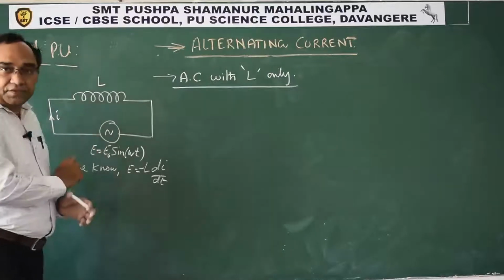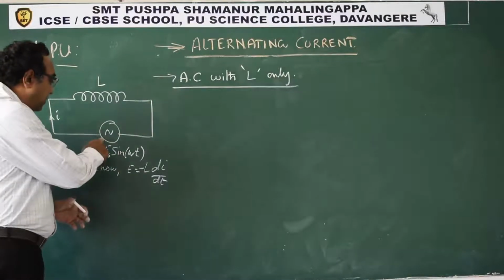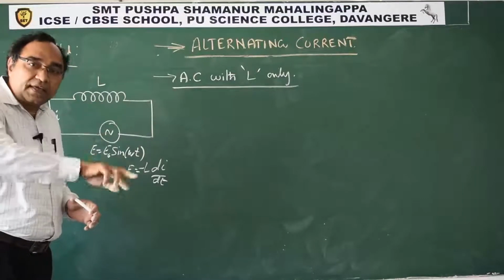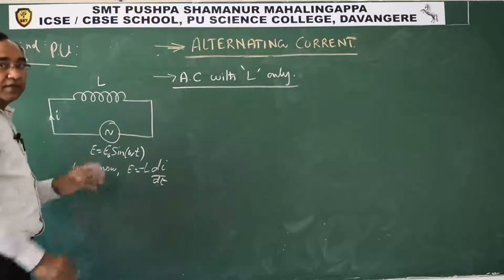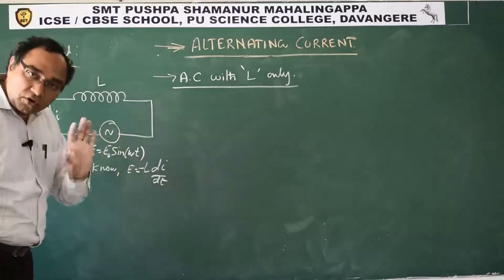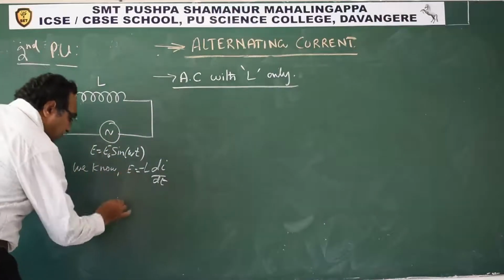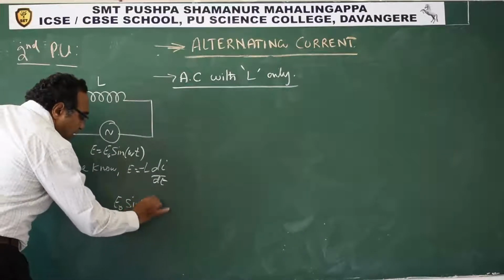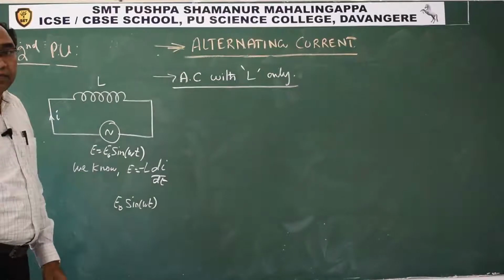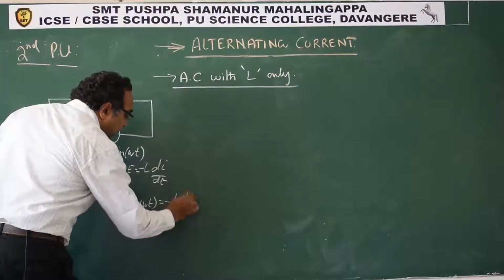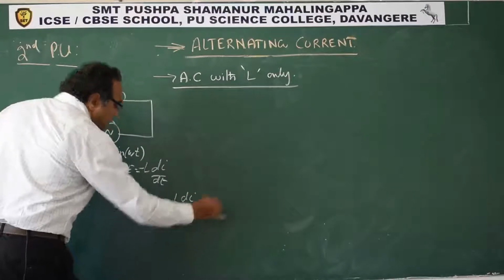It is an AC, which means every half cycle polarity also reverses. They keep on mutually reversing. That is why you can take the magnitude also. So E is given as E naught sine of omega t. This is what we have. So this gives us minus L, you have di by dt.